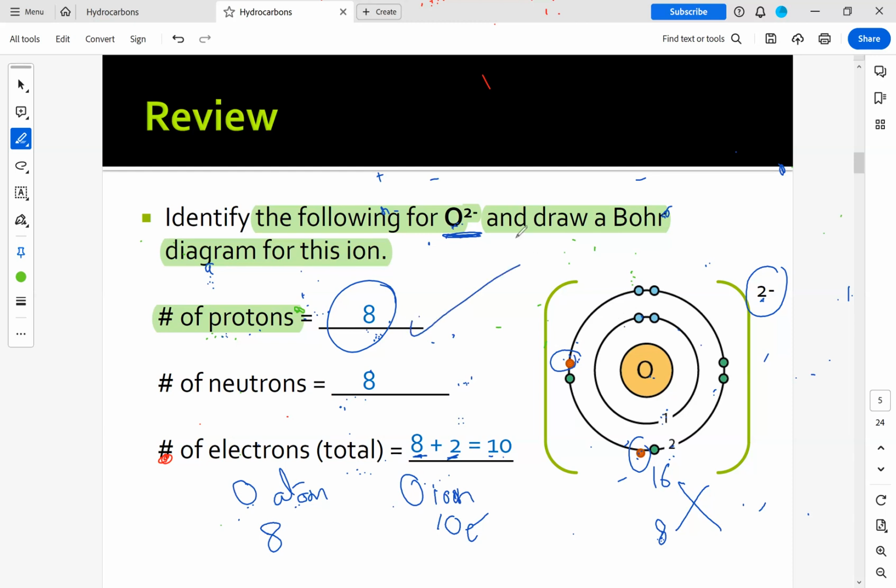But what about this? The number of protons, 8. The number of neutrons, 8. But this is for the atom and the ion. Does the number of protons or neutrons vary between the atom and the ion?